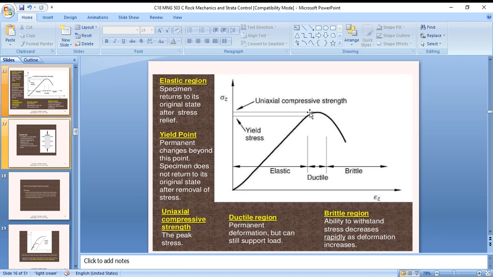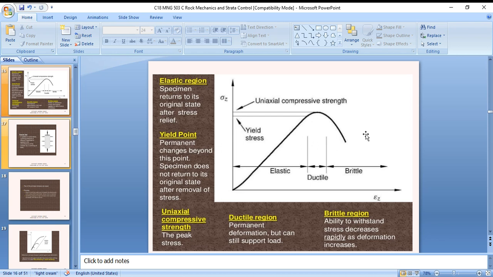At the uniaxial compressive strength peak, there is a ductile region with permanent deformation, but it can still support load. In the brittle region, the ability to withstand stress decreases rapidly as deformation increases. So these three categories, elastic, ductile, and brittle, can be explained by Hooke's law in uniaxial compression, and the same principle is applied to every material.